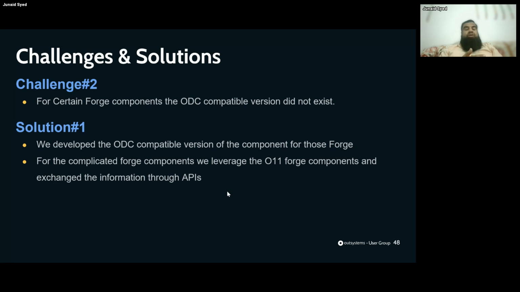So instead of developing our own ODC compatible version, we still continued to use the extensions that were there in O11. Eventually, those need to be migrated or a replacement has to be developed. But for the intermediate stage, that was the solution that we used to make our transition faster.